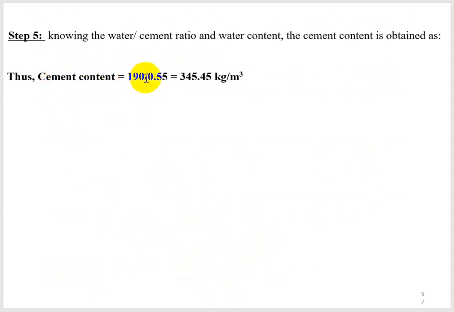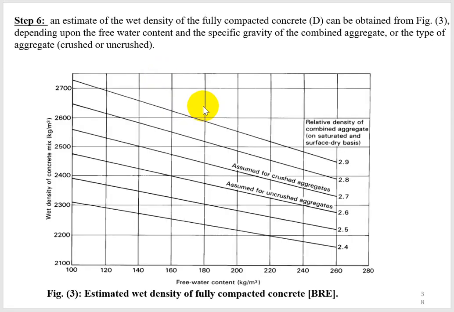So by dividing the water over the water cement ratio. Then we move to step number 6, and in that case we haven't got any information concerning the relative density of the combined aggregate. So we use one of these that corresponds to the type of aggregate, whether it's crushed or uncrushed.